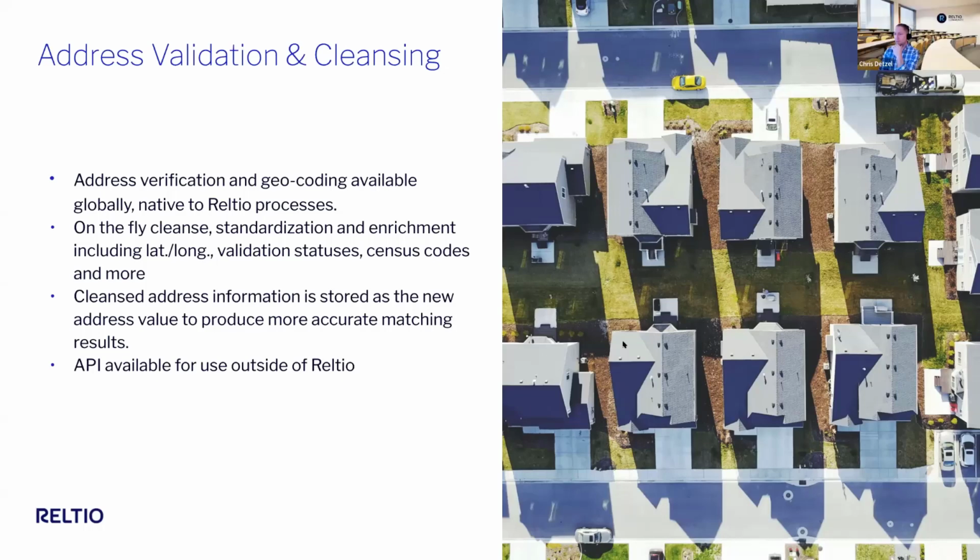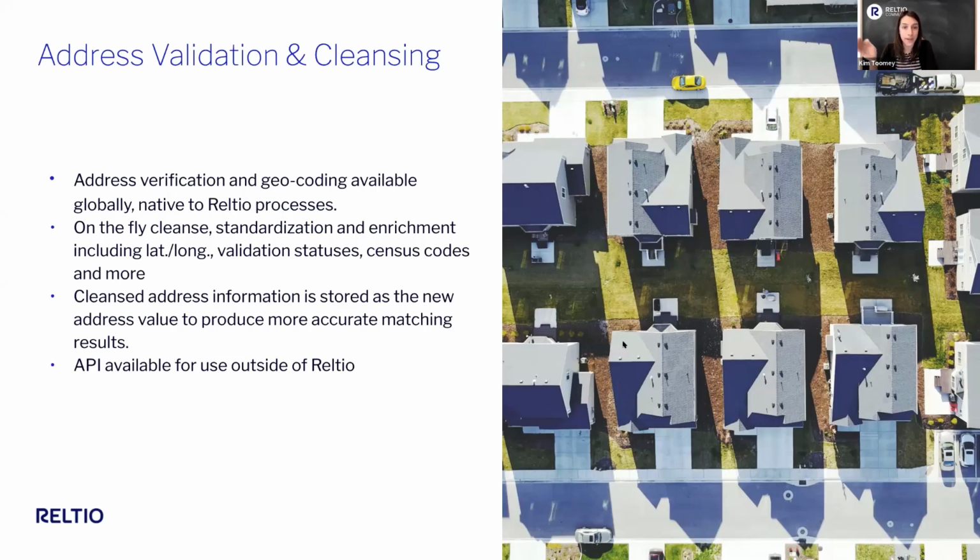Great. How does this work if someone has multiple addresses, such as a summer home, and how will that impact the data quality? Yeah, absolutely. So by default, every attribute in Reltio is multi-value, meaning you can store multiple addresses on an entity record.